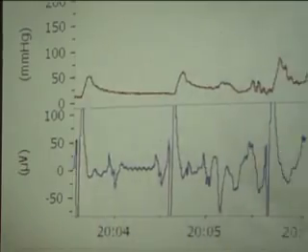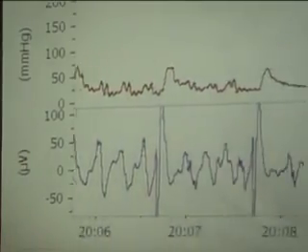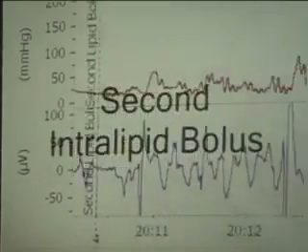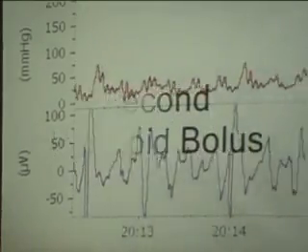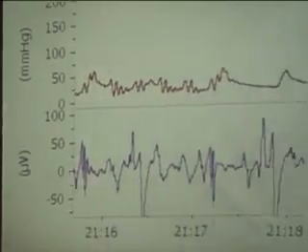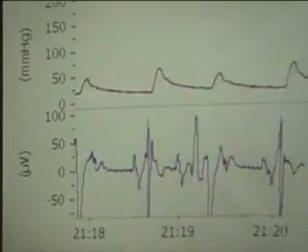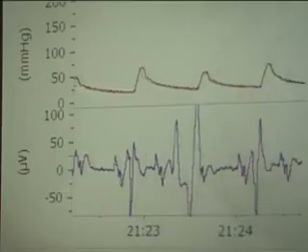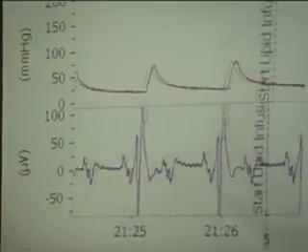As you continue your resuscitation, you have to make a decision whether to give a second bolus or to start an infusion. In here, a second bolus of Intralipid was given, and the resuscitation is continued. Now you start seeing more and more spontaneous activity of the heart, with the blood pressure being sustained.